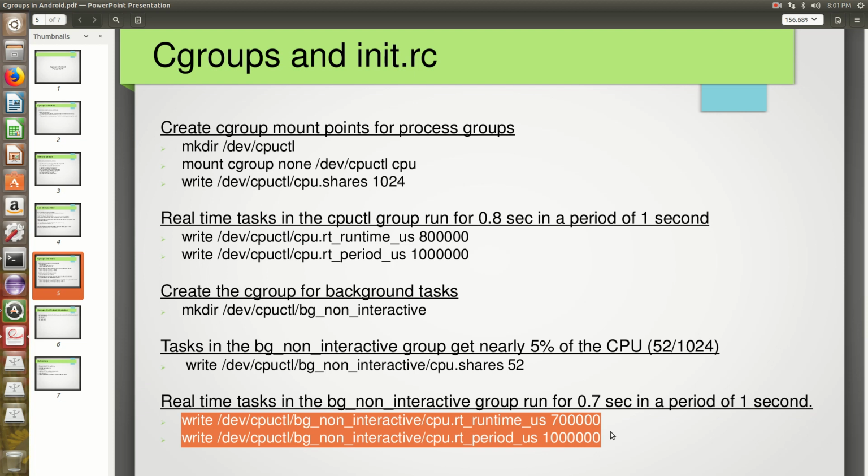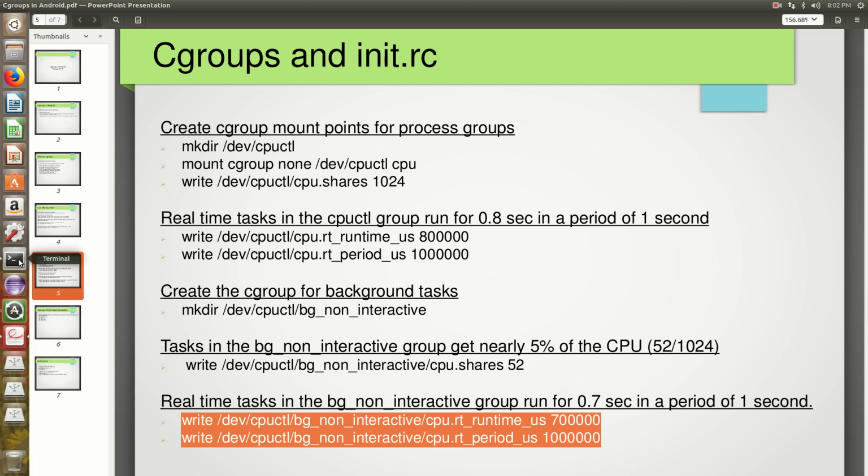So real-time tasks in both the foreground and the background non-interactive C groups still get a fair share of CPU. But as I said, the background CPU share is just 5%, whereas the remaining is for the foreground ones. So the whole magic happens in init.rc for the scheduling class.